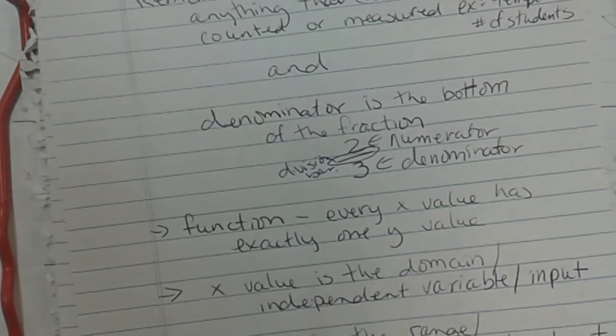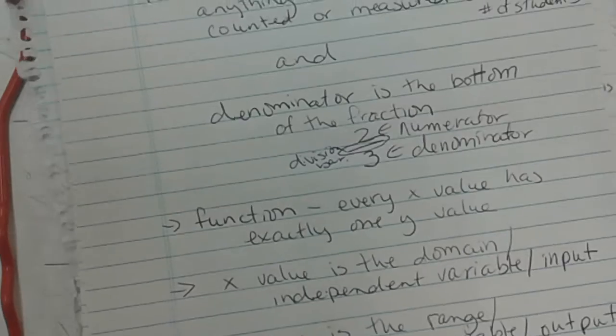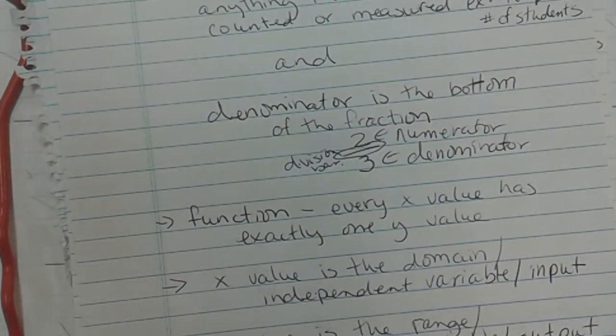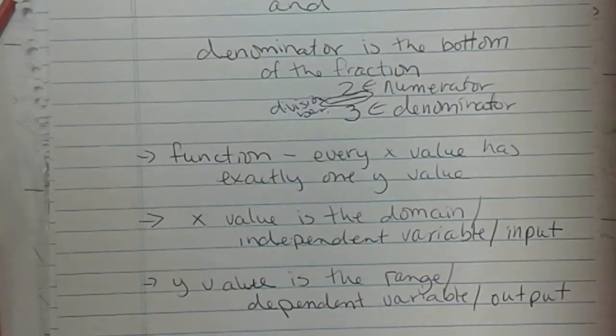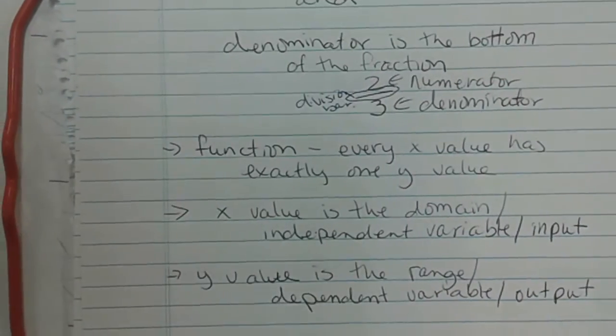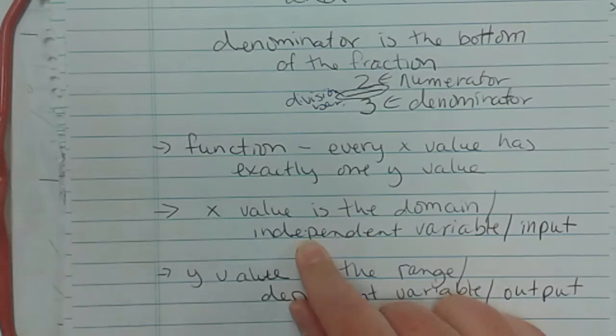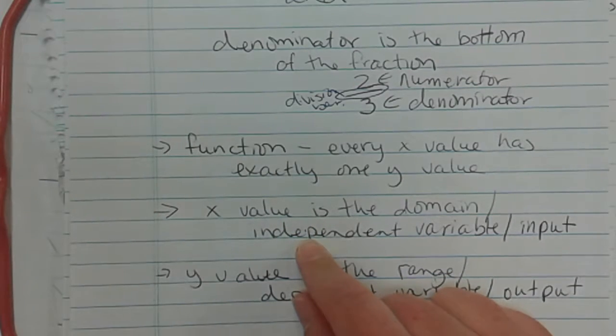So, x value is the domain. It's the independent variable and it is also the input. If I'm plugging a variable into a function for x, that is the input. It's what I am putting into it.